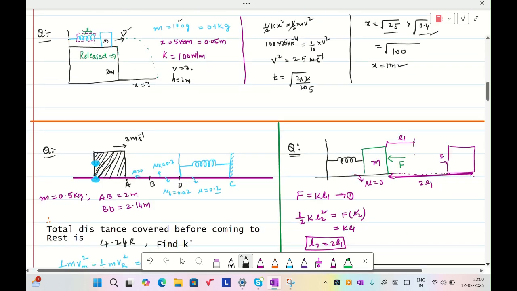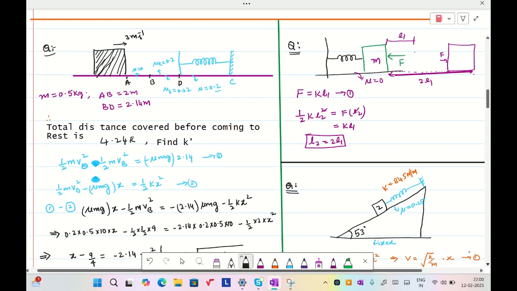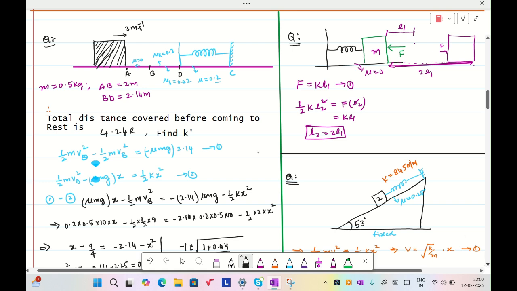Here the block is initially moving, and see, some logic points are also mentioned here. It is very important and neat also. Initially it is at A, and the spring goes up to D. Now the block is moving with an initial velocity, so there is initial kinetic energy. Before colliding here, the velocity reduces because from B to D there is friction, roughness.